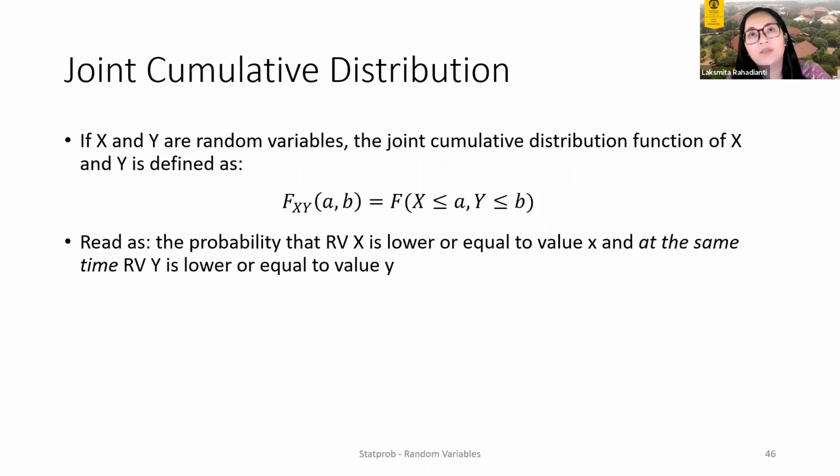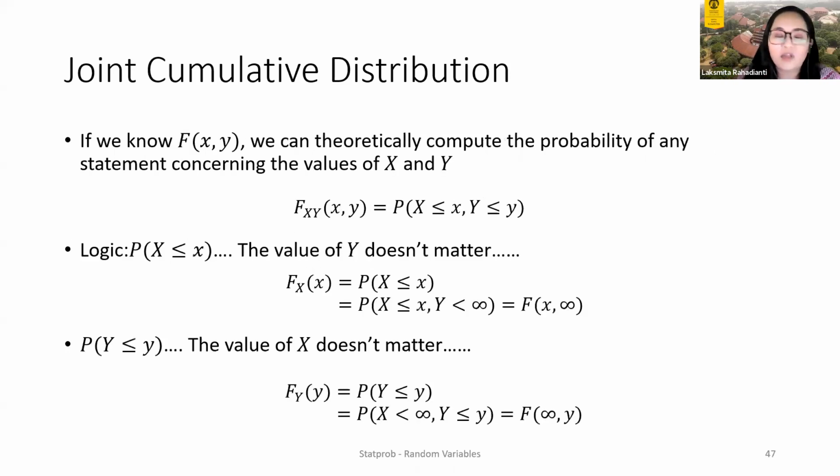All of the probability of having all of the values up until a certain number. So here, the probability that random variable X is less than or equal to A at the same time Y is less than or equal to B.